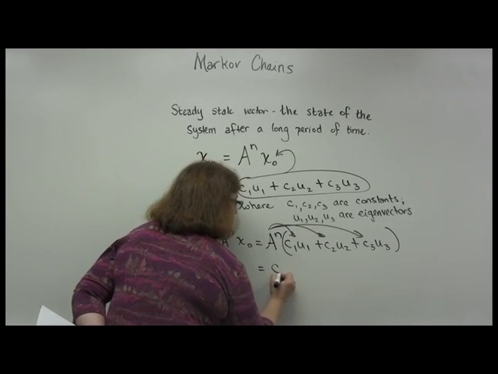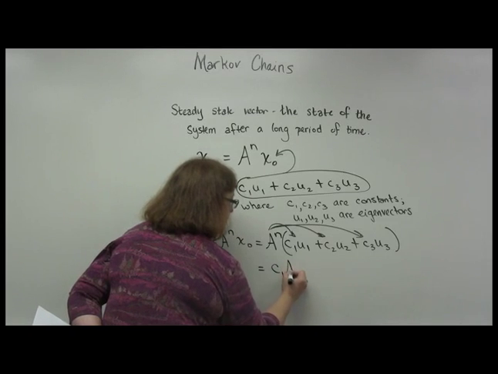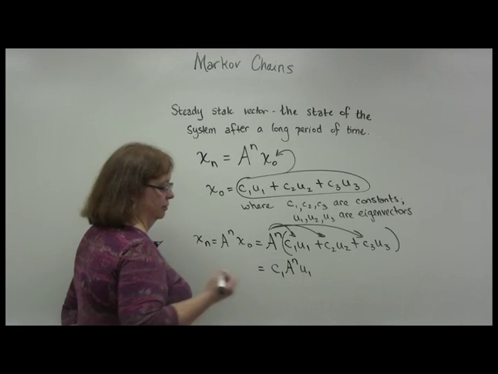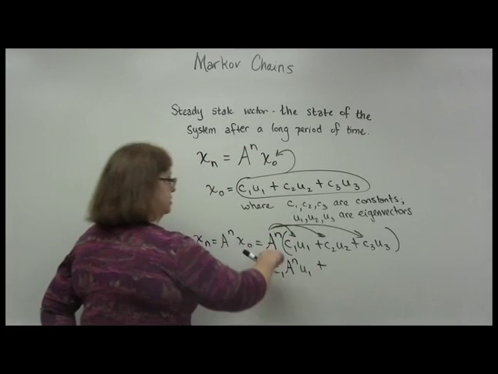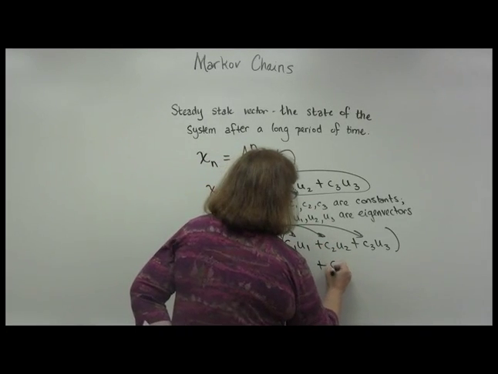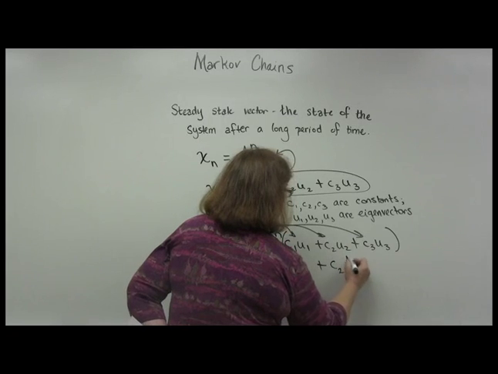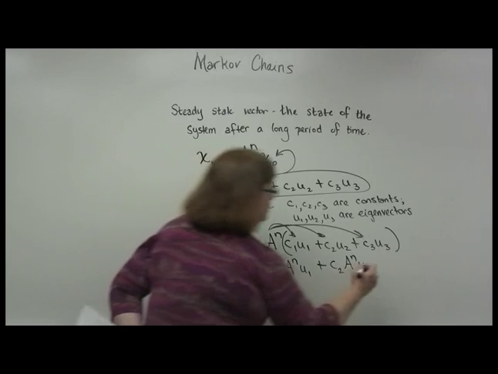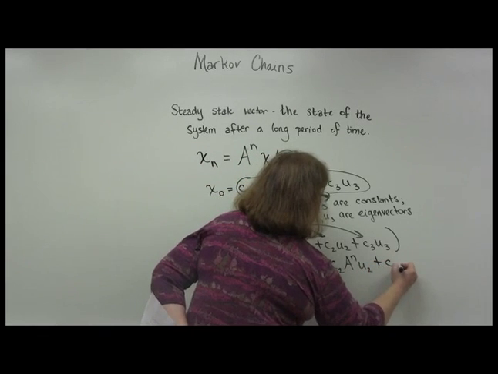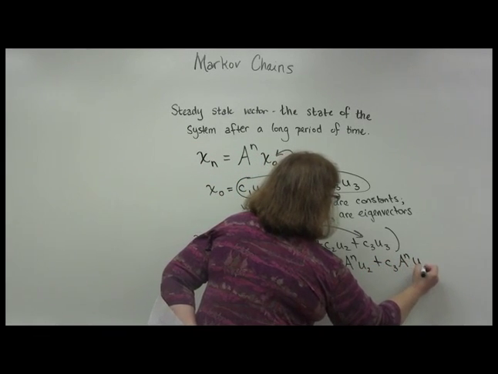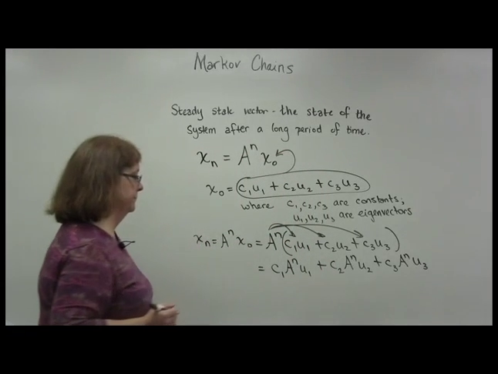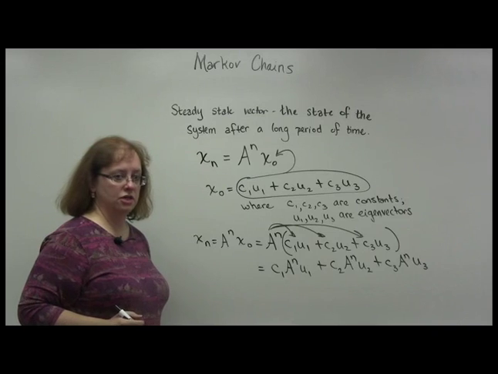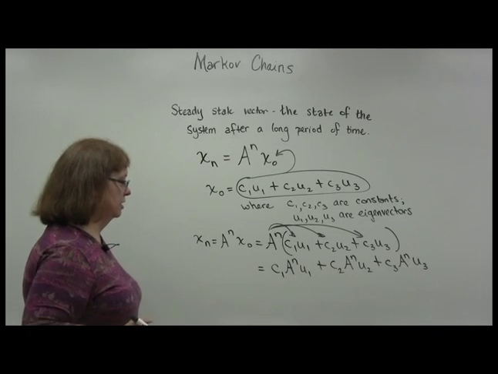So I could actually write this as c sub 1 A to the n u sub 1, plus, distributing the A to the n over to the next one, c sub 2 A to the n u sub 2, plus c sub 3 A to the n u sub 3. So I've distributed A to the n to each of those vectors times a constant.